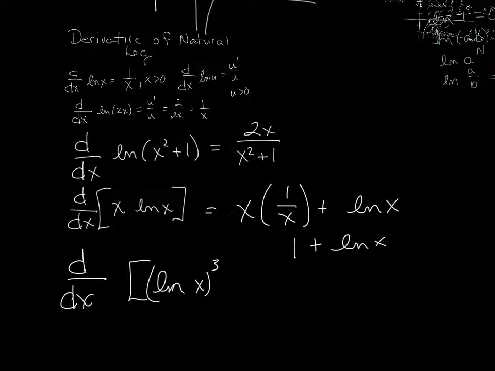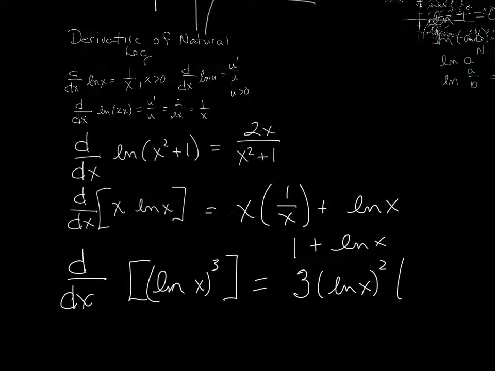Okay, I want the derivative of the natural log of x, cubed. So here we have to use what kind of rule? Chain rule. So the derivative of the outer term times the derivative of the inner term, which is the natural log of x.